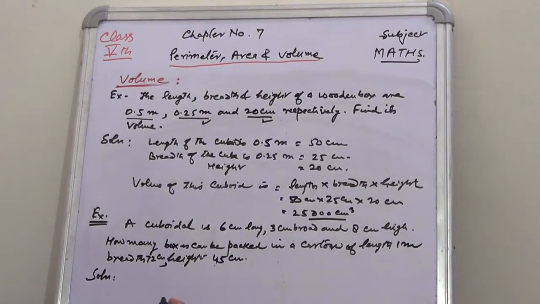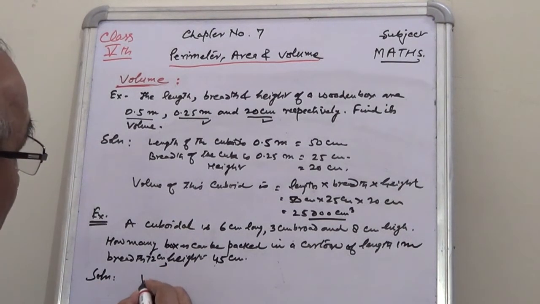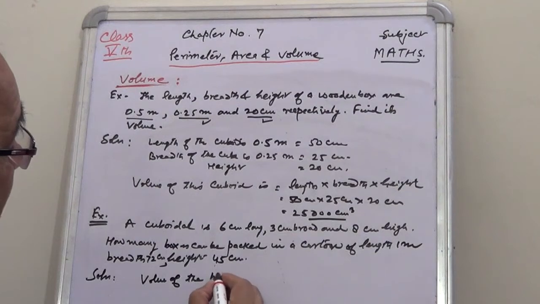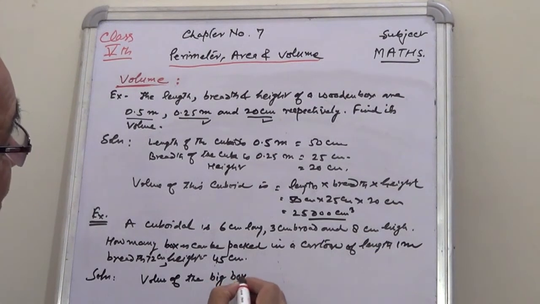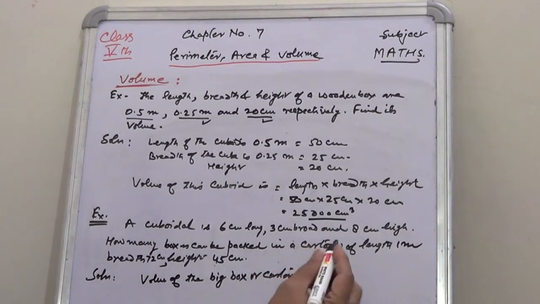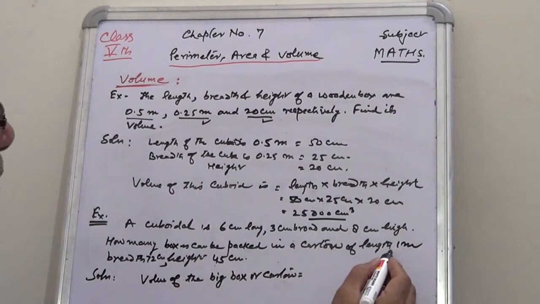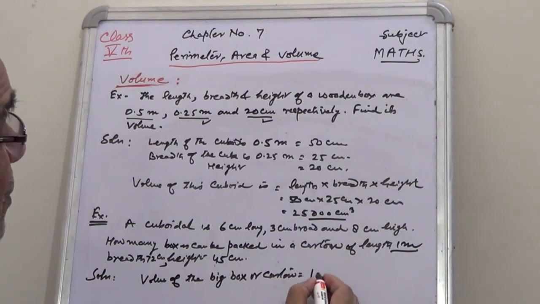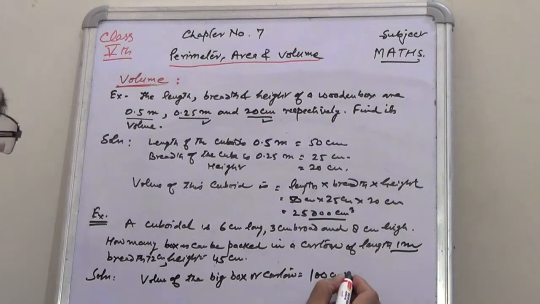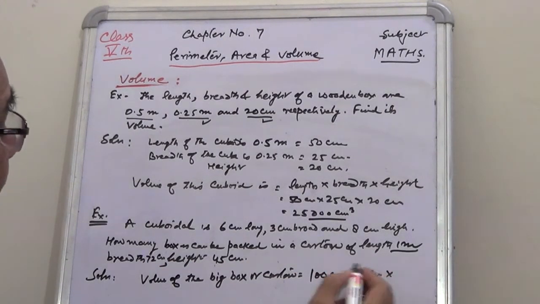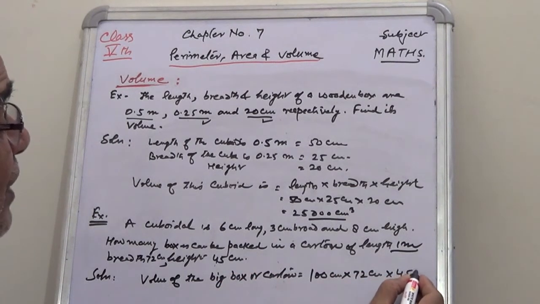To solve this problem, we have to find the volume of the big box or carton. Length is 1 meter, meaning 100 centimeter, breadth 72 centimeter and height 45 centimeter.